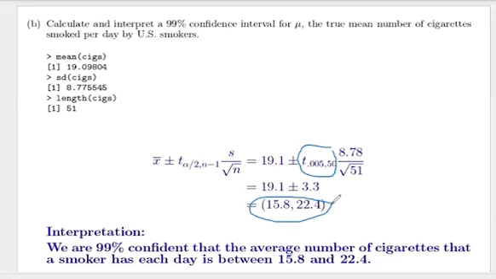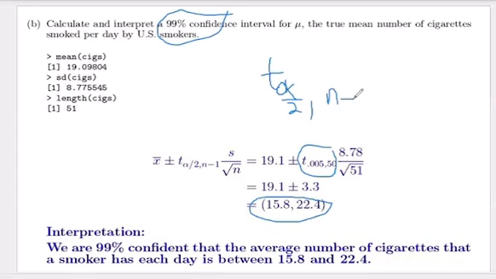Now, if I have that as an interval, I want to interpret it. Then I need to take into consideration the confidence level. The t-score is t alpha over 2, comma, n minus 1.